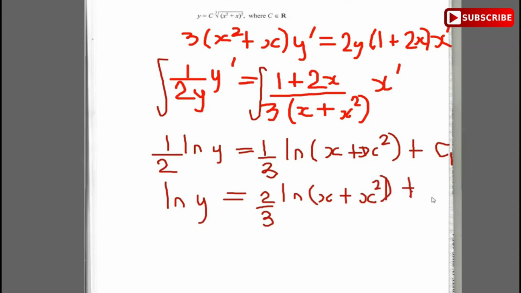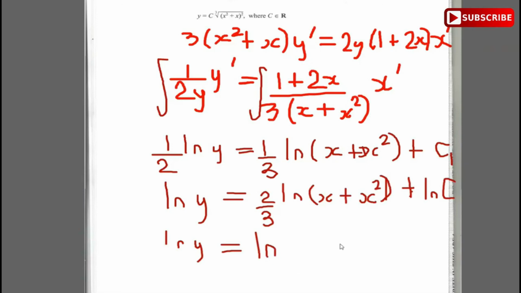That's still a constant. We can write ln c, where c1 is ln c. So now we can bring up the power to write that ln y is equal to, bring up the 2/3. Anything to the 2/3 can be written as the cube root, squared.